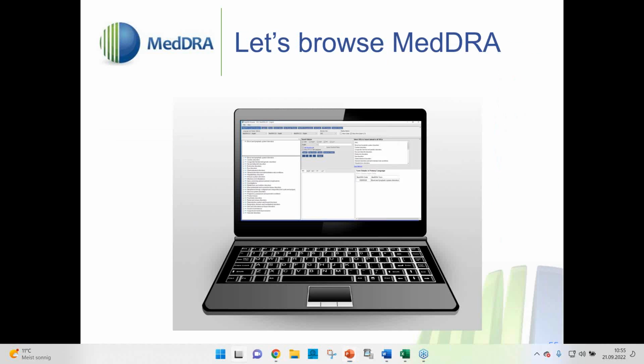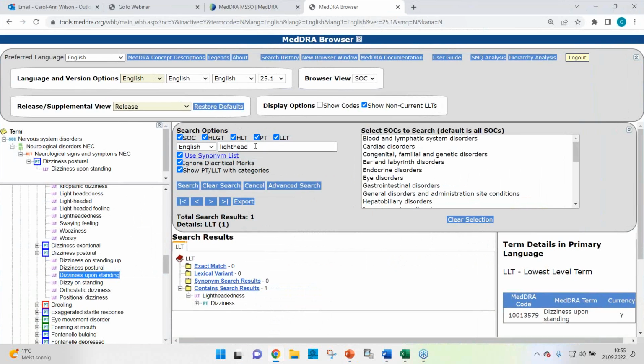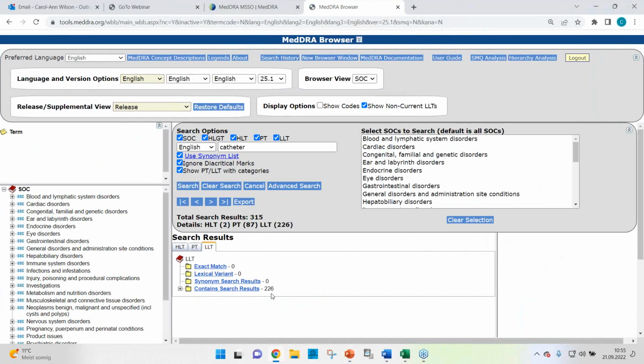And let me again switch to my browser. Here we are. So if I enter catheter and search, we get many, many hits, 226, so a lot to review. We have to narrow down our search.